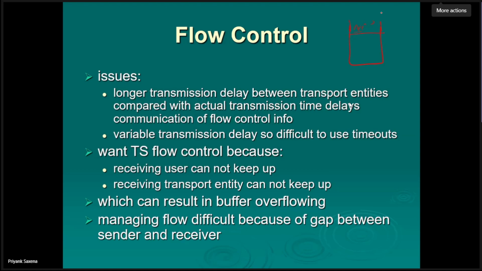Or the transport entity, like TCP, is unable to cope up with the flow. Either the user or the protocol itself is not able to keep up with the flow. That will result in buffer overflowing and subsequently dropping off segments.